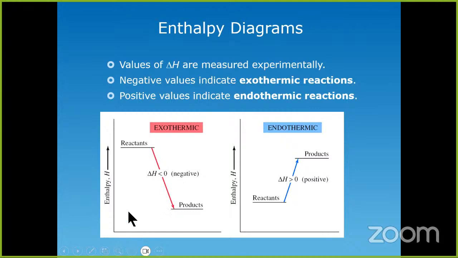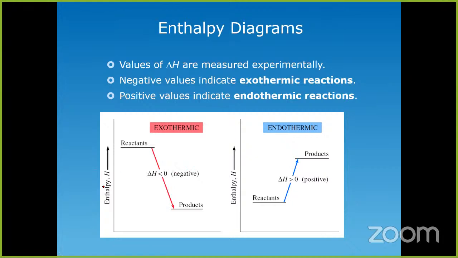So for example, what we see here are what we call energy diagrams, or more specifically, enthalpy diagrams. The one to the left is an example of an exothermic reaction where the reactants have a higher enthalpy compared to the products. So as you go from reactants to products, there will be a decrease in enthalpy.